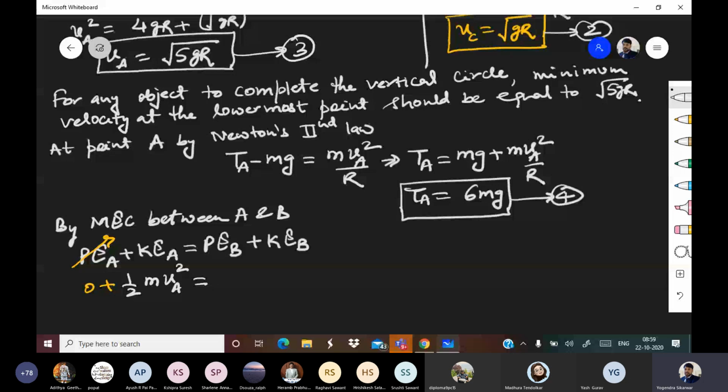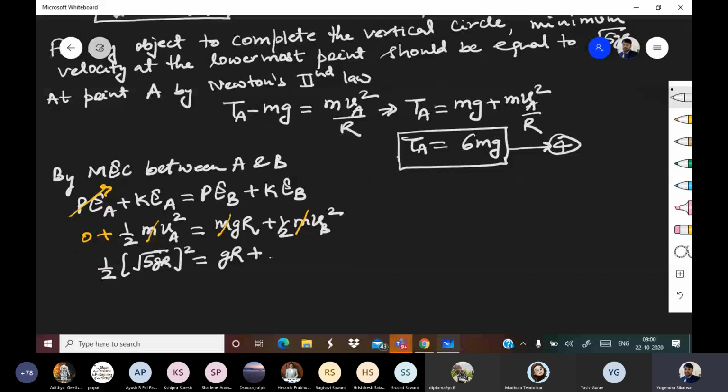m got cancelled. Now I am going to put the value of VA. So half, VA was root 5 gR, and this whole square, is equal to gR plus half VB square. So that becomes 5gR by 2, minus gR, because we are taking it to that side, is equal to VB square by 2.